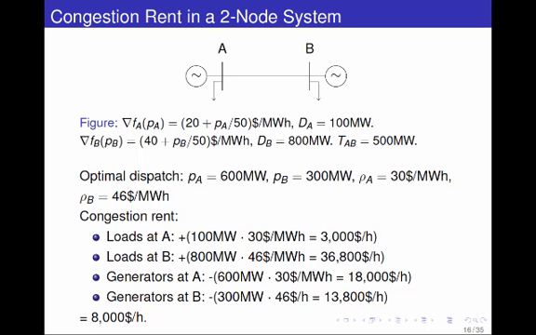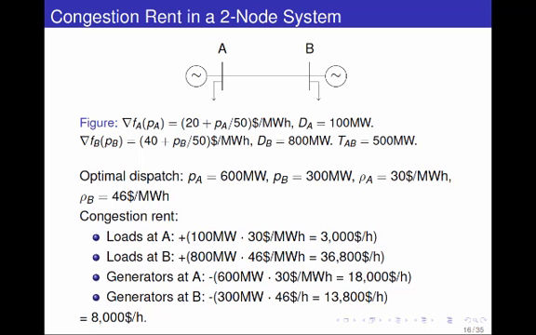I'm claiming that when we run LMP pricing, the amount of payments made by loads to buy power will be greater than or equal to the amount of payments made to generators for producing power. That's the claim, and I will prove it to you in a minute. Let's see the specific example here, which we also saw last week.